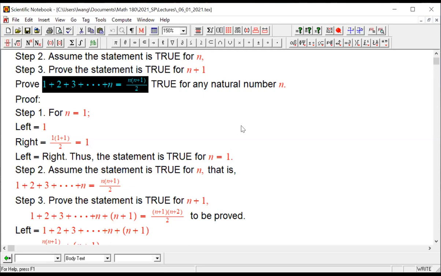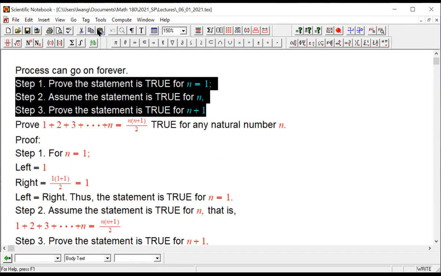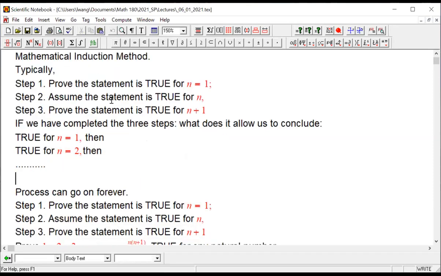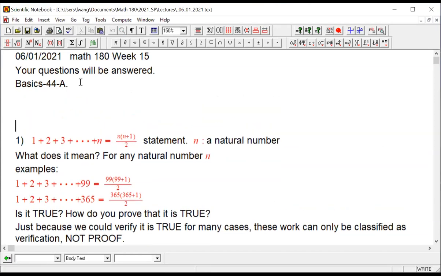And the rest of the time, I'll work on your question, okay? If you have any, get your question ready and put it aside. Okay, so we'll get to it. If I forget, please remind me.